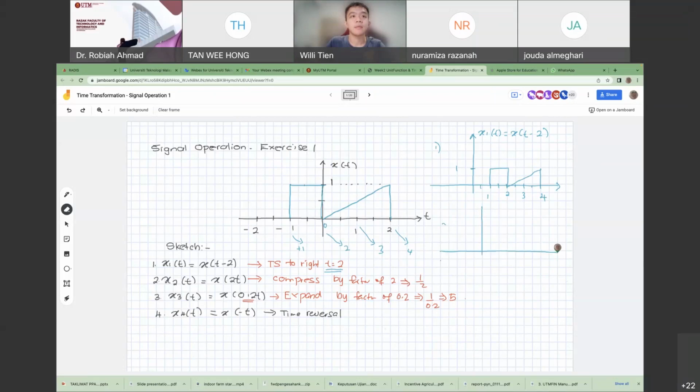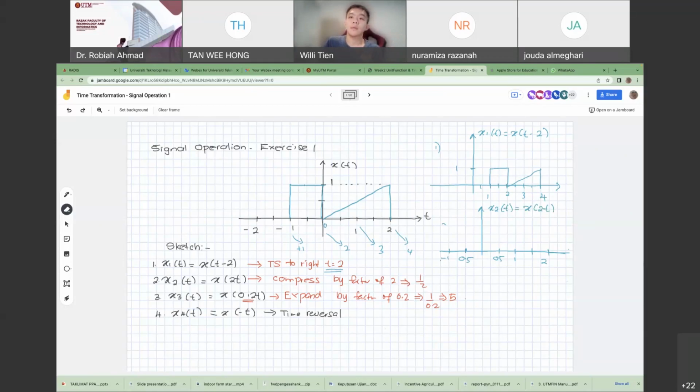This time saya pakai -1, 0.5, 0.5, 1, 5, 2, okay, and so forth. Okay, so the amplitude remain, so x2(t) equal to x(2t). So only the time will be compressed by a factor of 2.